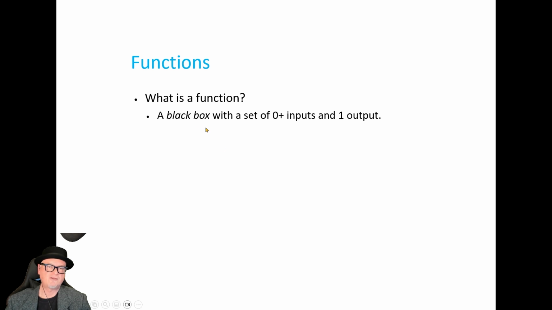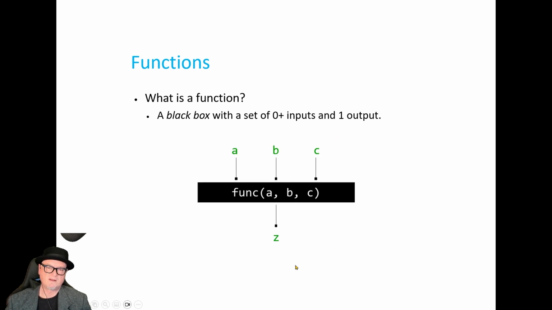Well, we think of a function as a black box. This is a metaphor for functions, and we'll explain that after a couple of examples here. I mentioned that it has 0 or possibly more inputs and at least the one output. Maybe we'd have this black box function just totally generic.